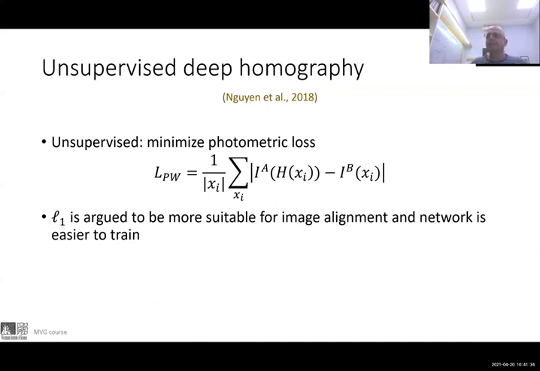Yes. It sounds like if you have a closed solution, it's easy to bridge the gap. But if the alignment is too far from each other, gradient descent will not help here. That's true. That's a good criticism, and I think it's not clear how to solve what we call large baseline problems, problems where images are far away from each other.